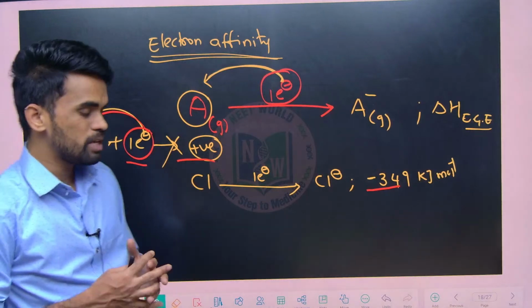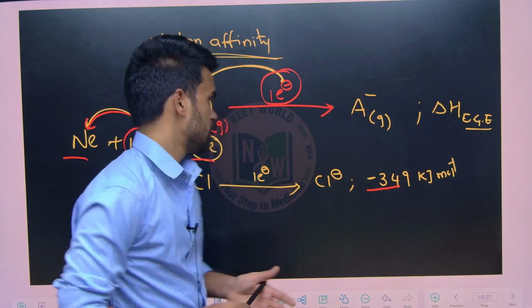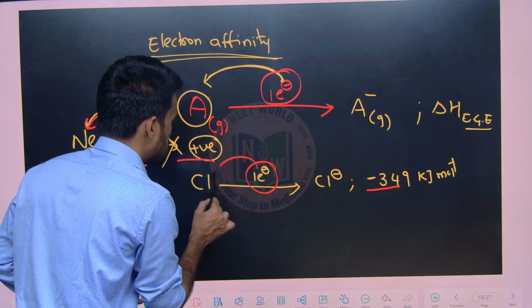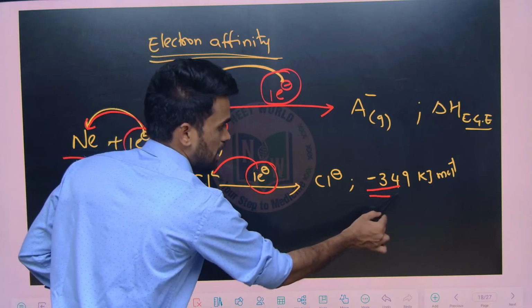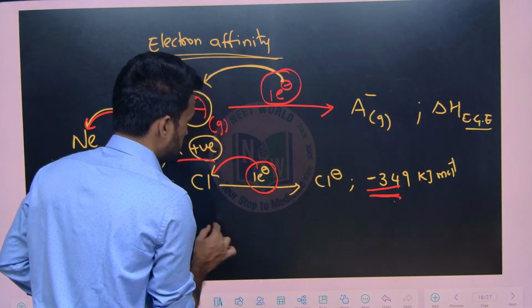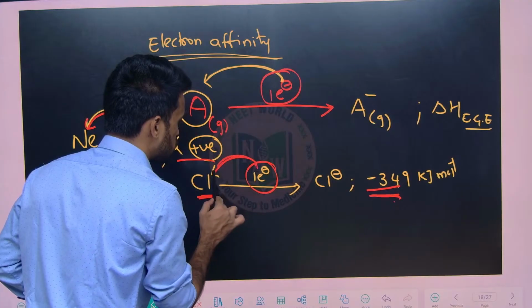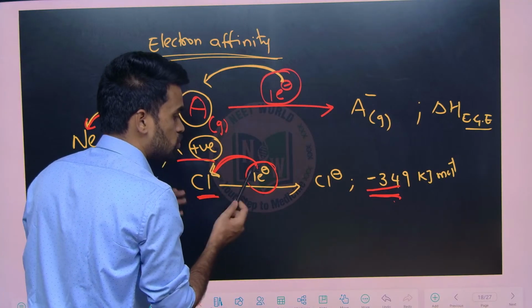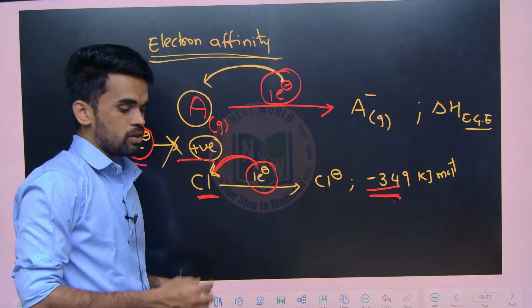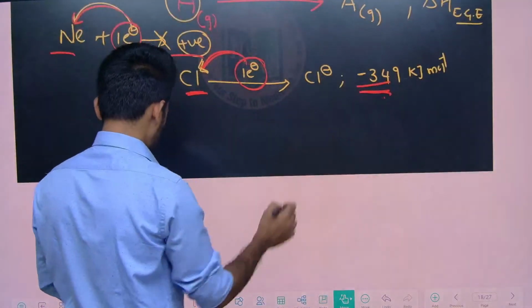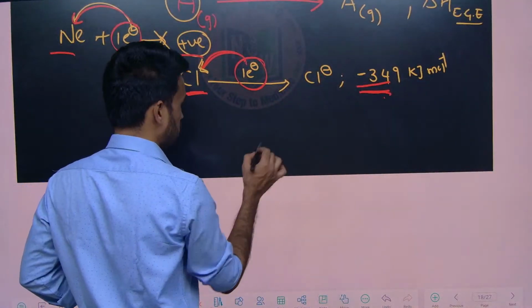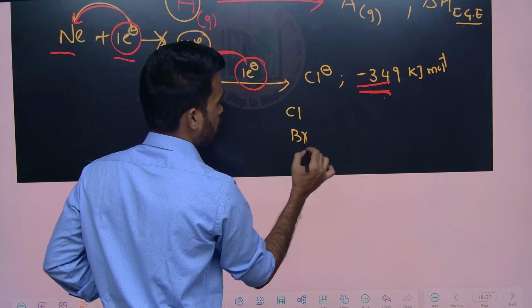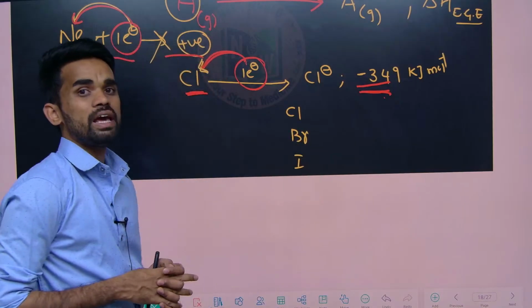Now what do we mean by electron affinity? If the element has more tendency to gain the electron, you see a more negative value. It means that element has more tendency to gain the electron, or you can say it has more electron affinity. They will give you options like this: chlorine, bromine, iodine, which has more electron affinity?